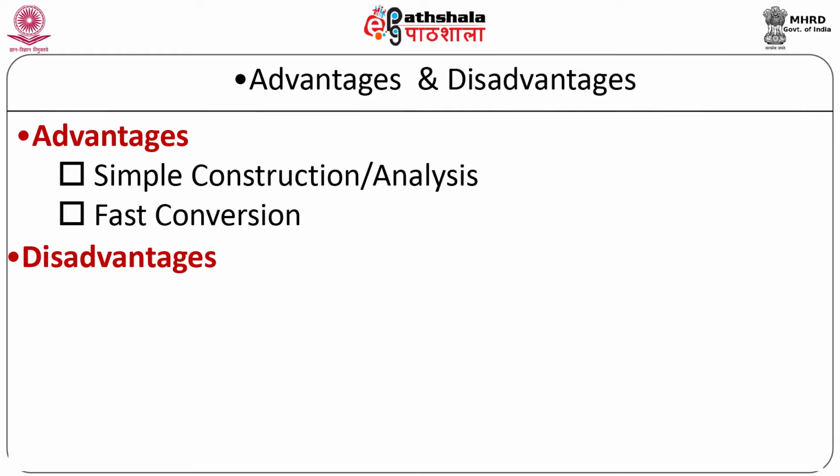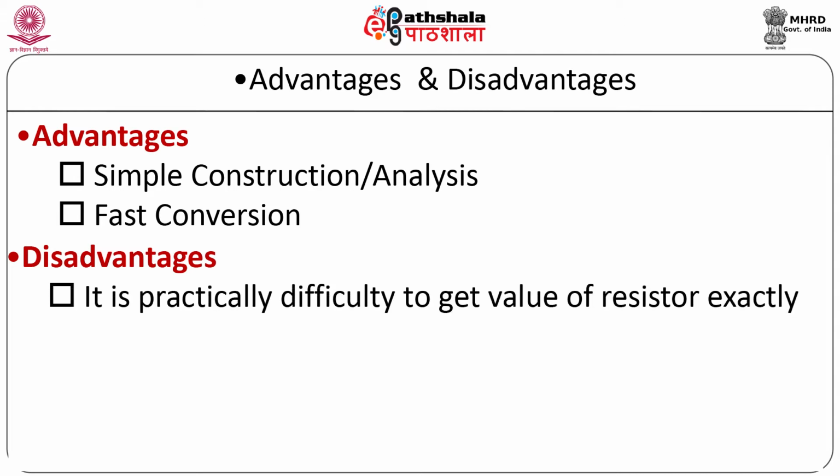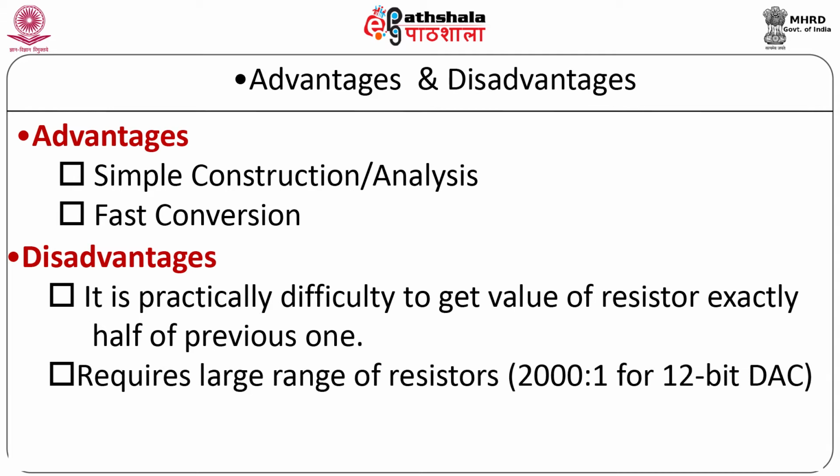However, the method also has certain drawbacks. The first drawback is that practically it becomes very difficult to get the value of each resistor exactly half of the previous one. This method requires a large number of resistors and the ratio of values of the resistors will be from 2000 to 1 for a 12 bit DAC.